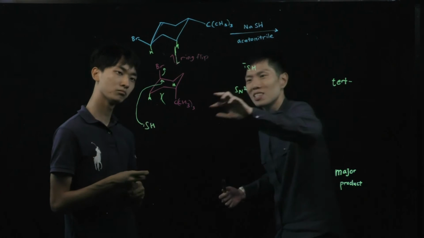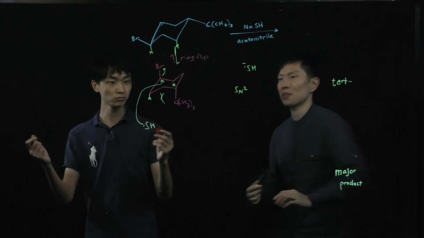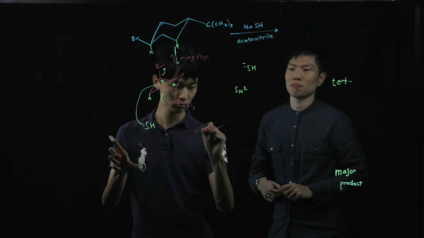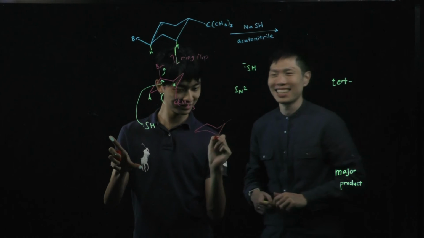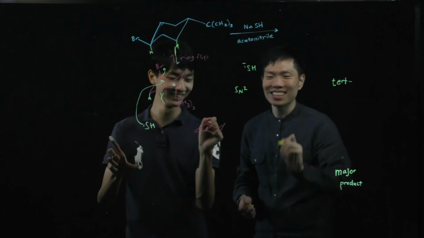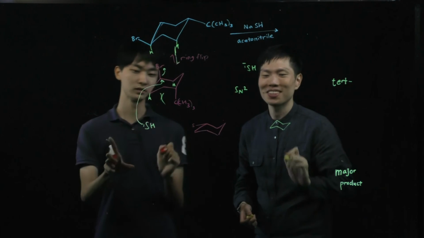Now let's just say this happens, and we push up the Br. Let's draw it. Then we'll have something like this.